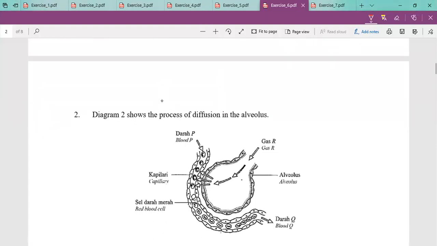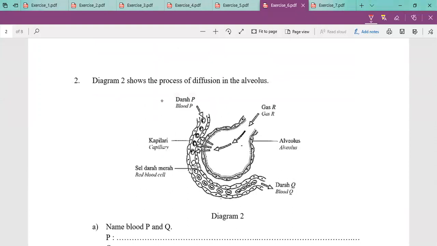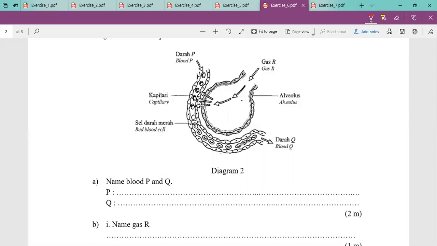So now this is another diagram. It shows the process of diffusion of the blood. Taking a look at the diagram properly, you will see that the blood is coming from here and entering through the capillary, and there's a gas coming into the blood.